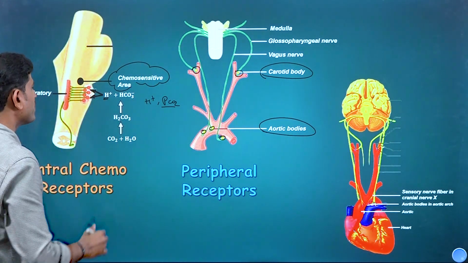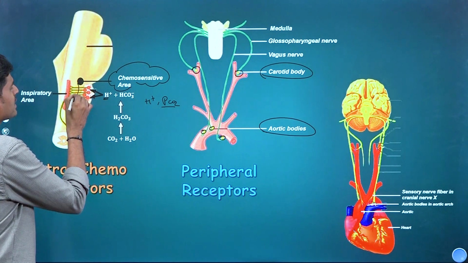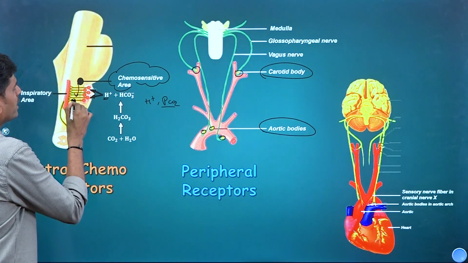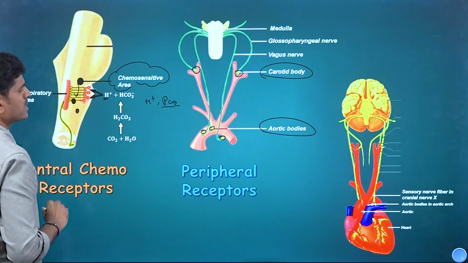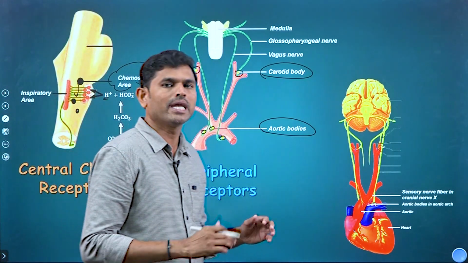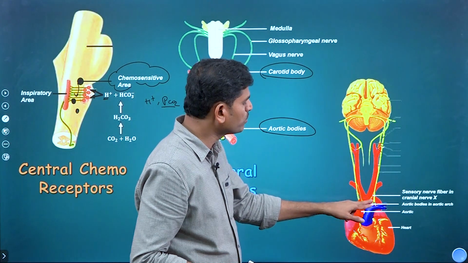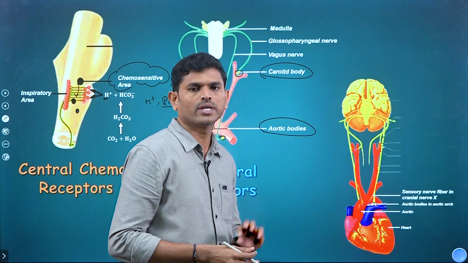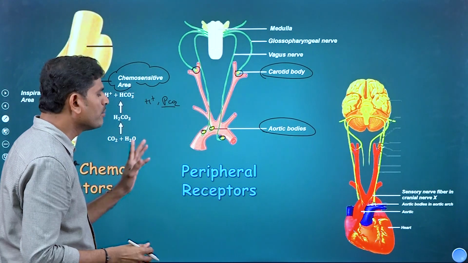This chemosensitive area sends the concerned signals to the nearby inspiratory and expiratory areas. So it sends them to the inspiratory area, then the inspiratory area makes the necessary adjustment. This is how the whole arrangement works. So this is about chemical regulation.